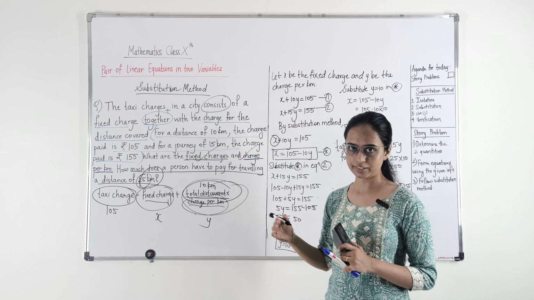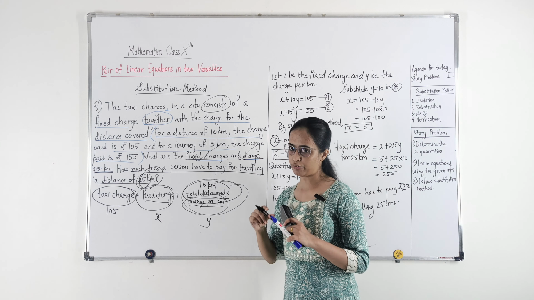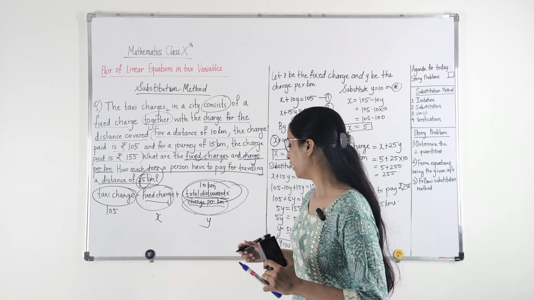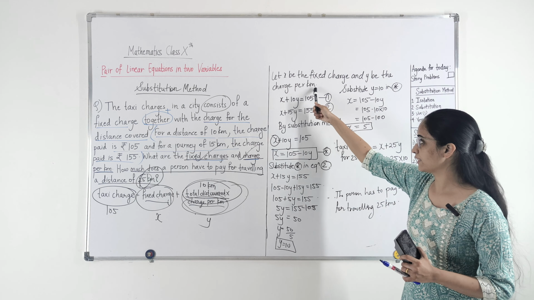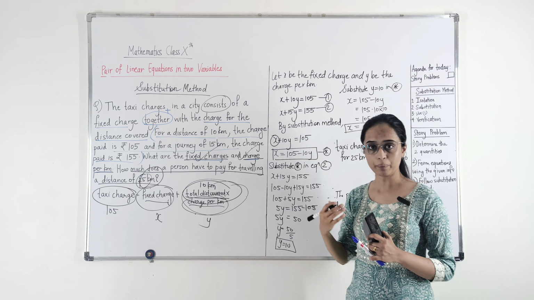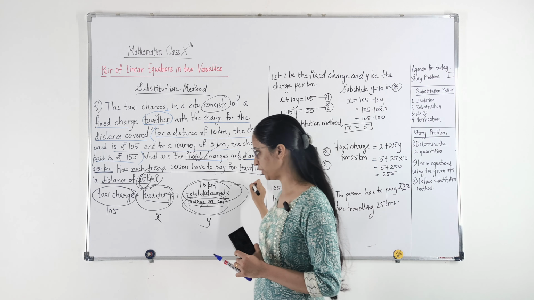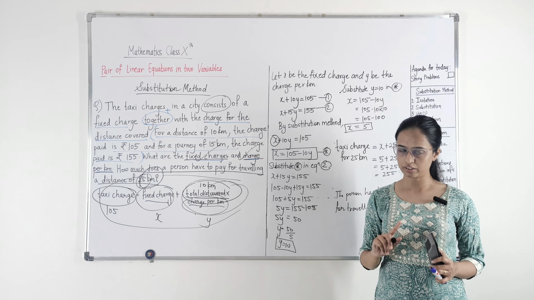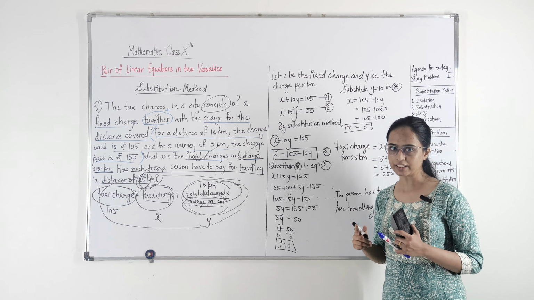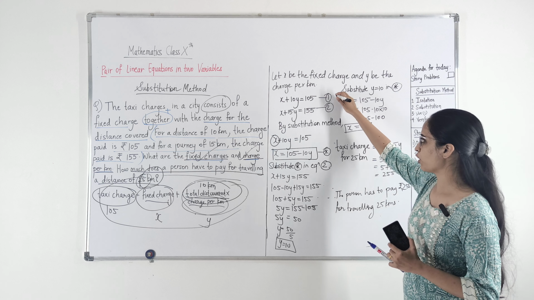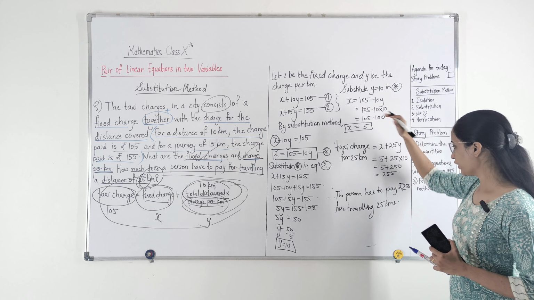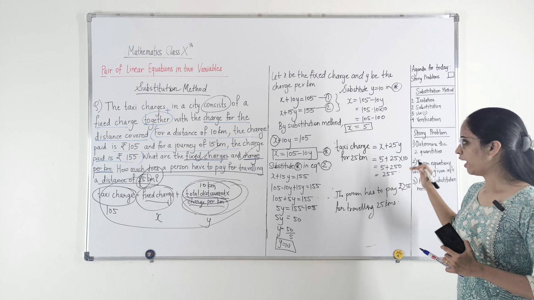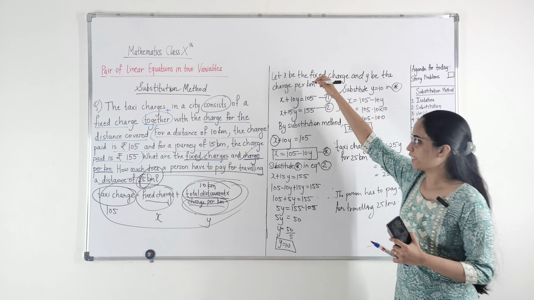So whatever information is given to you, you have to use it and frame two linear equations. Now this is something you need to understand, and I have explained it using this logic. So if you haven't understood it, rewind or go back and see it once again and try to understand it. Once you've got two equations, try using the substitution method and get the values for x and y.